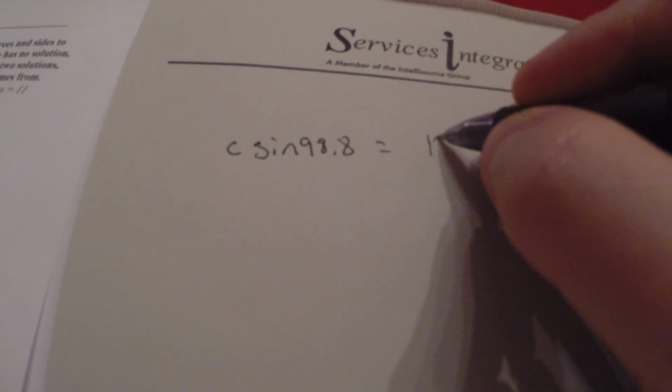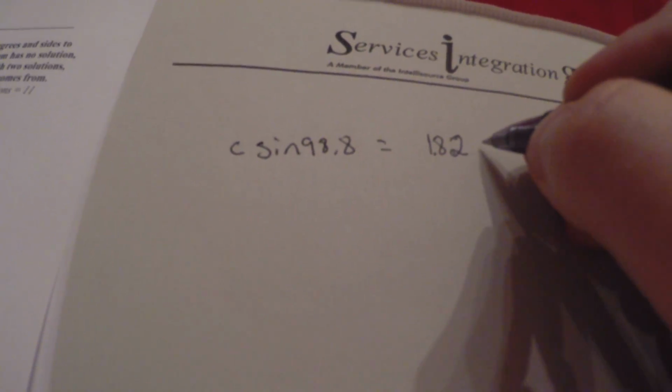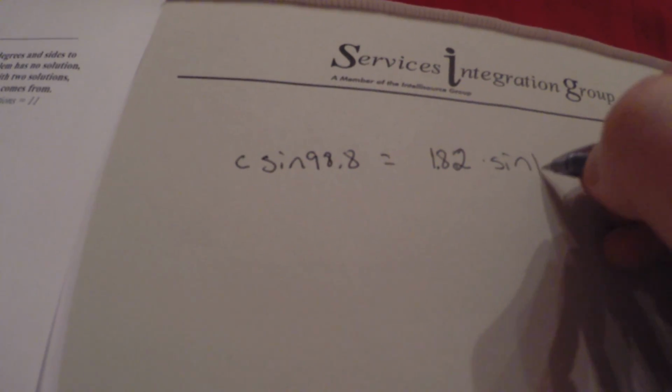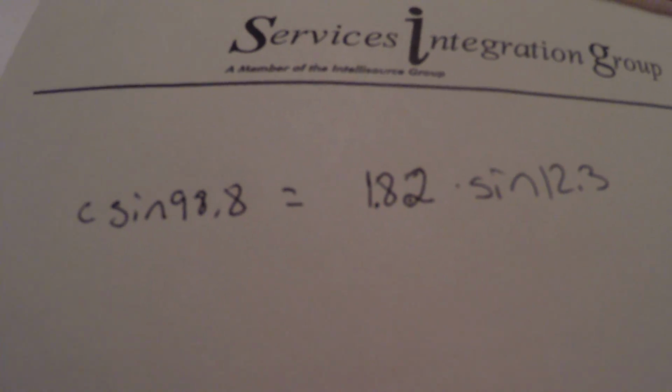So it's going to be sine 98.8 times C equals 1.82 times sine 12.3. And then I divide by sine 98.8.